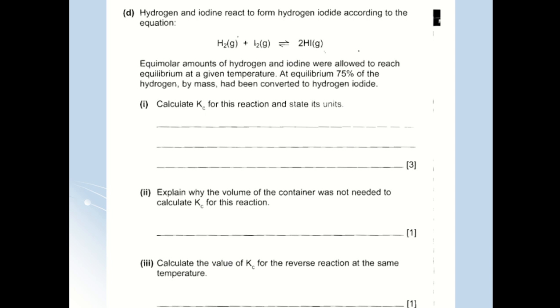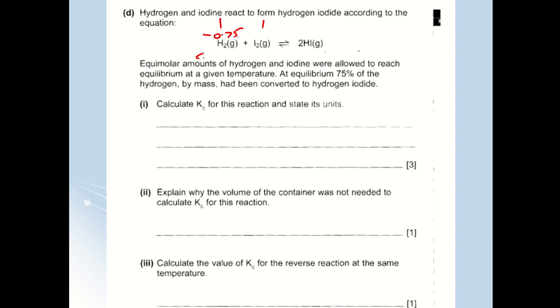Right, this one I chose because instead of giving you moles or mass, it gives you percentage of decomposition or percentage of conversion. Right, so we started off with equimolar amounts of hydrogen and oxygen. Equimolar amount just means the same number of moles. So I'll just stick in 1 for that and 1 for that. Okay, at equilibrium 75% of hydrogen by mass was converted. So that is minus 0.75, that's 75% of it getting converted.